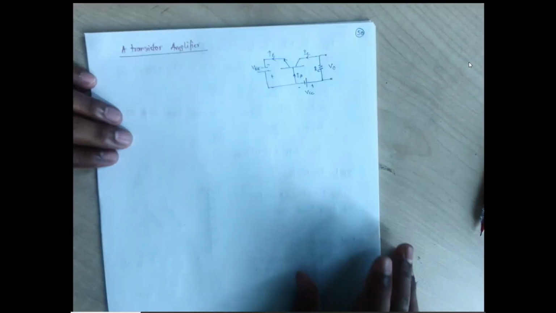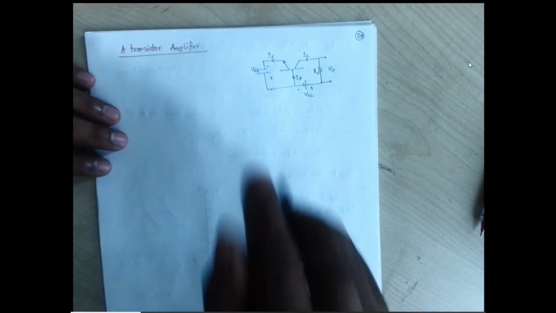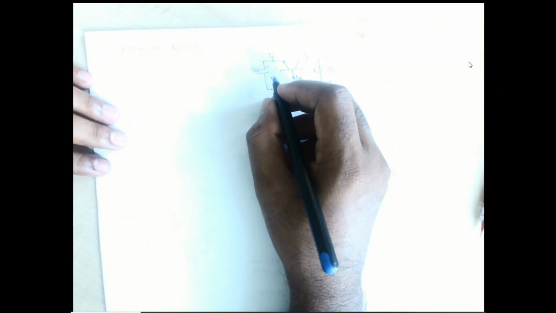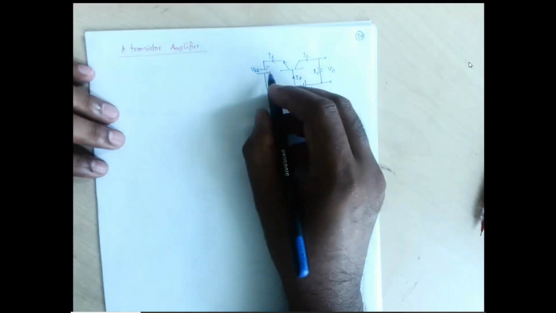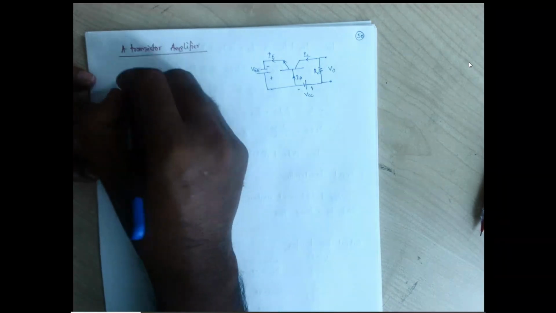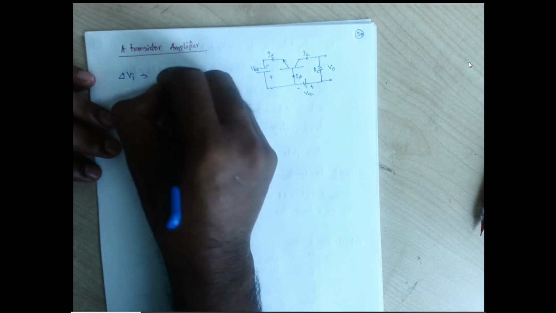Okay. So a small change in the input of this emitter base junction changes the barrier height, right? If there is a certain variation in this input voltage, obviously the barrier height or depletion region width will change. Hence, the emitter current will also change. So this change del Vi leads to del IE.